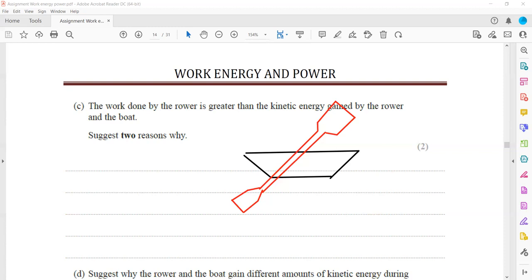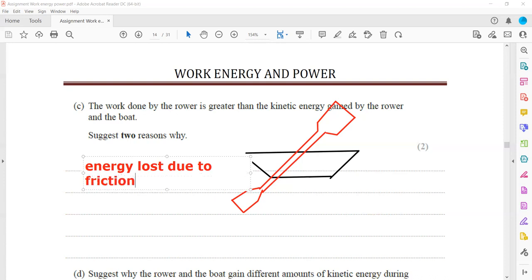And another thing, when he's stroking, some of the energy is transferred to the water as kinetic energy of the water. Like water will also start to move as he's stroking. So the two reasons: some energy lost due to friction. So there might be an energy loss due to friction.